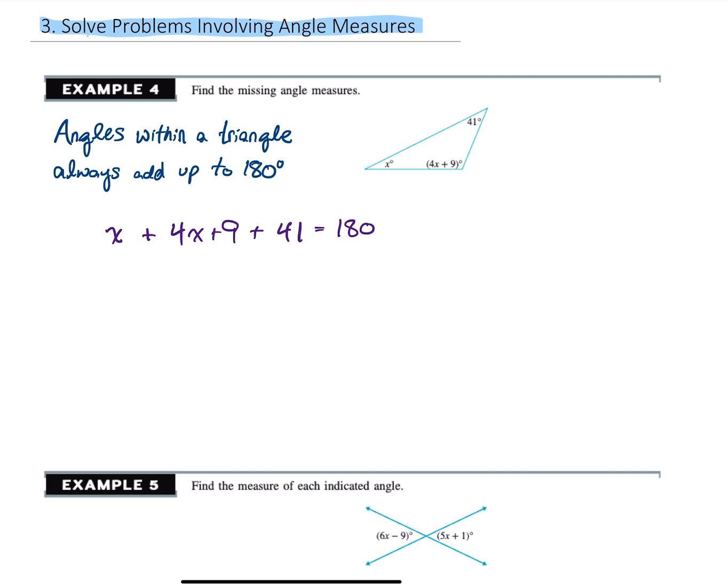So let's just solve for x. We have x plus 4x here, and then 9 plus 41. So that'll give us 5x. 9 plus 41 is 50. This is equal to 180. Then I'll subtract 50 from both sides.